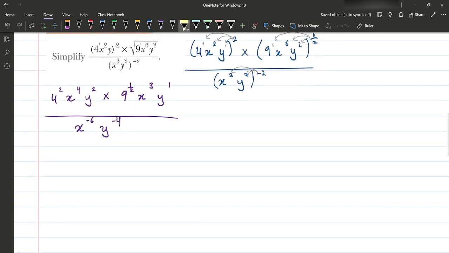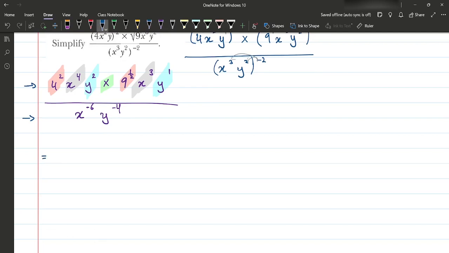Alright, from here, what you have to do is look at the like terms in a way. So you're going to take the integers and multiply them, because we're multiplying here. Next you're going to take the x terms, multiply them out, and take the y terms, multiply them out. We're going to deal with the numerator first, then we'll come down to the denominator.